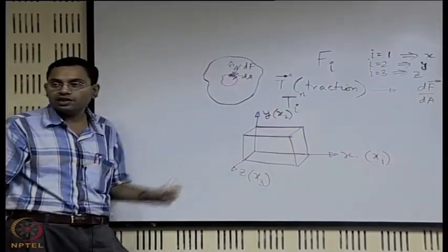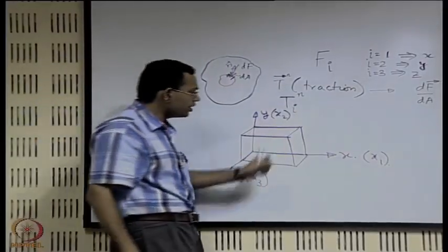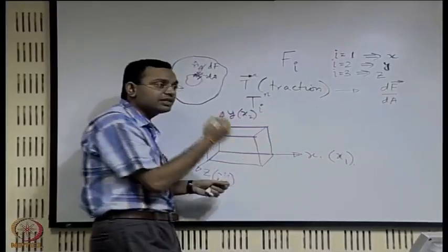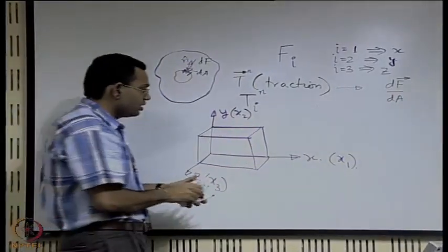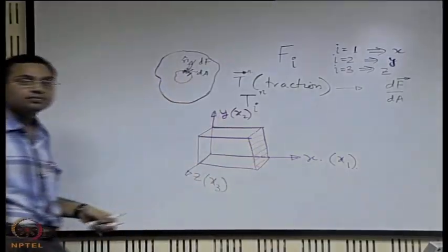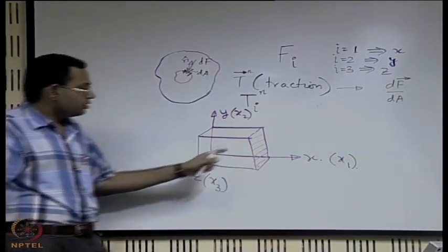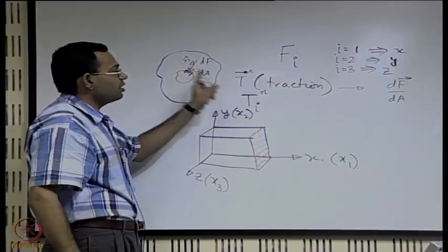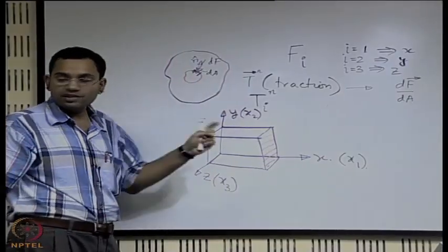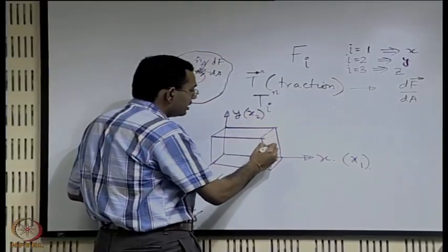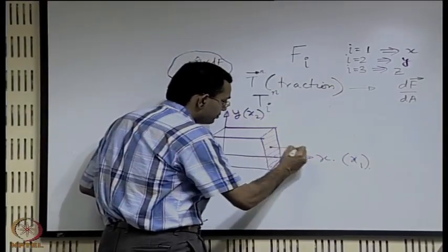Once we have taken this element, we are going to write such expressions for different faces. So, when we come along this face, we are interested to write the components of the traction vector. So, let us write that. The components of the traction vector, there is a component along x.